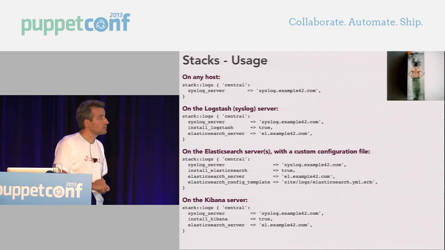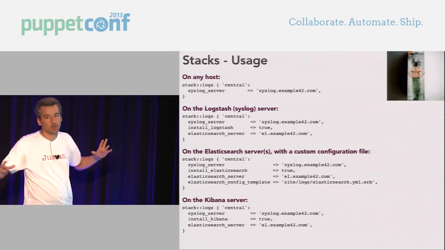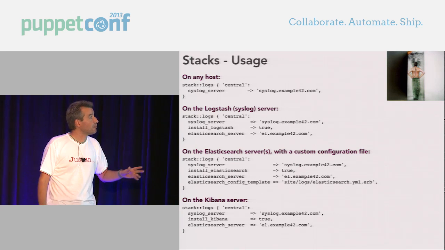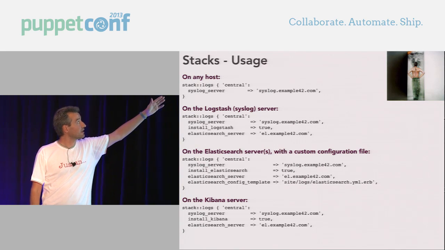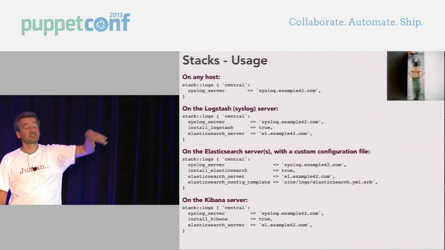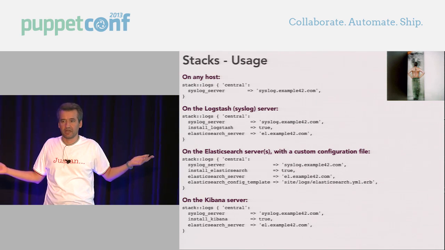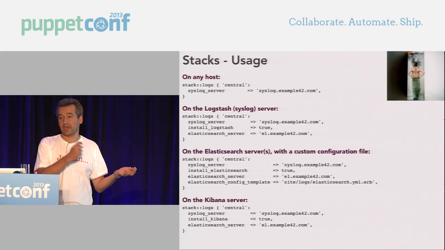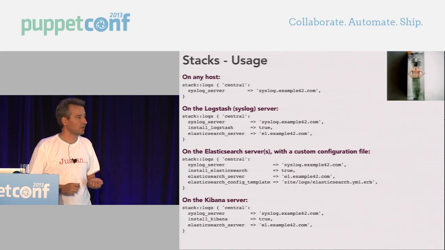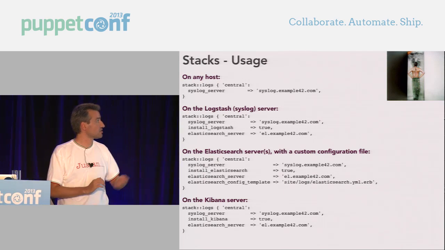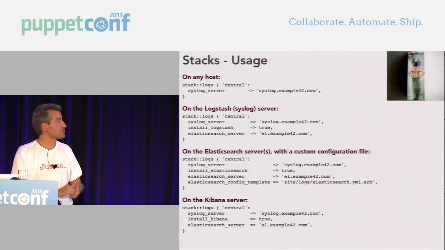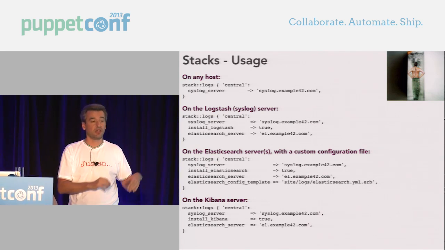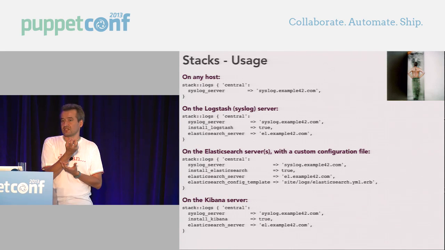So, for example, to manage your whole logging setup, you may, on any kind of server, just set the syslog server, what you need. And that will install your syslog and send logs to the specified syslog server. Then you may have your logstash collector, which acts as a syslog server.